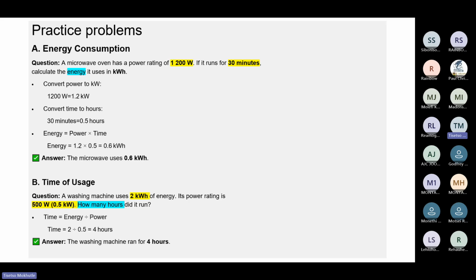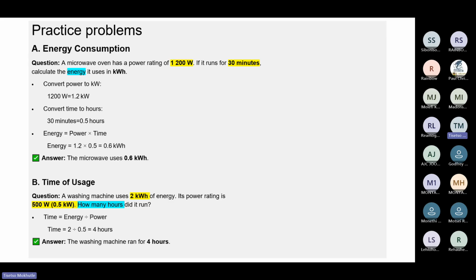That's one way. Now the second way, you remember the formula is energy equals power multiplied by time. But this time, you can be asked for time. If you are asked for time, the formula now changes. Time equals energy divided by power. So the question here says a washing machine uses 2 kilowatt hours.